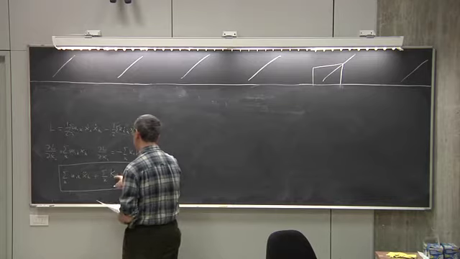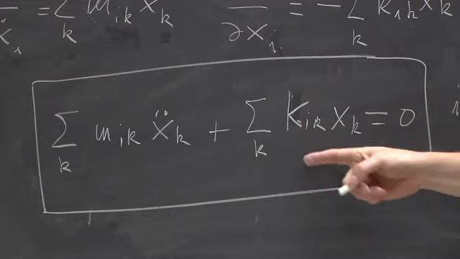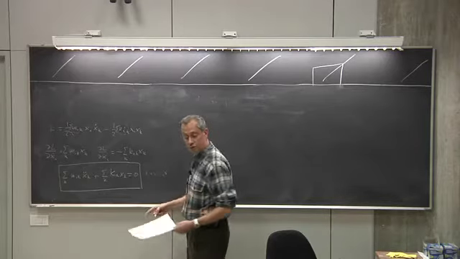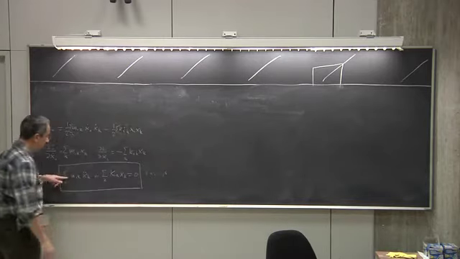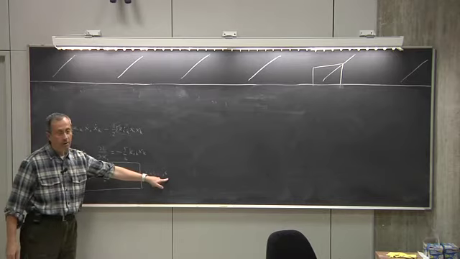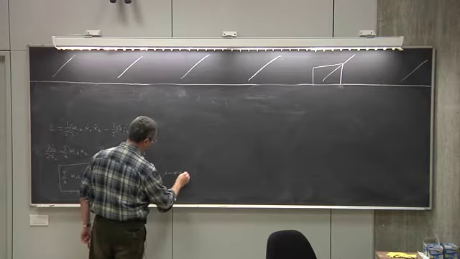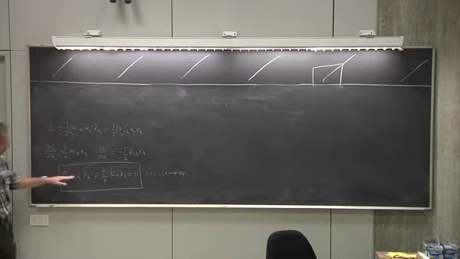This is one equation, and you have i's of this, where i is 1, 2, up to s or n, the number of generalized coordinates. So as I said, this is a system of S equations, where S is equal to the number of degrees of freedom, one for each degree of freedom.